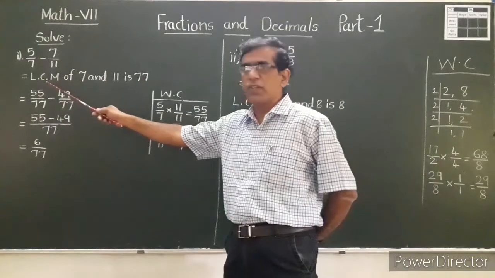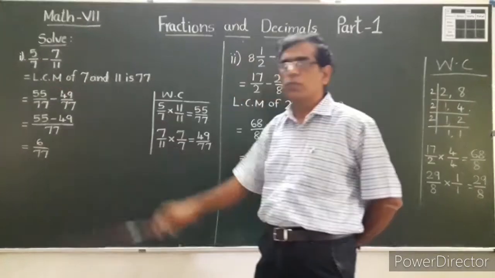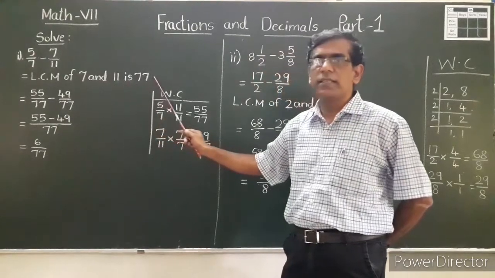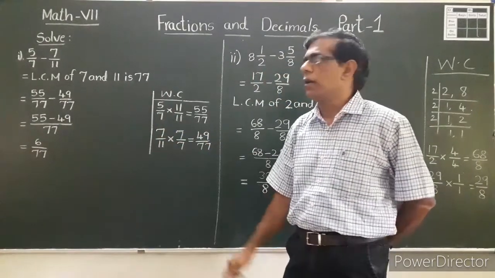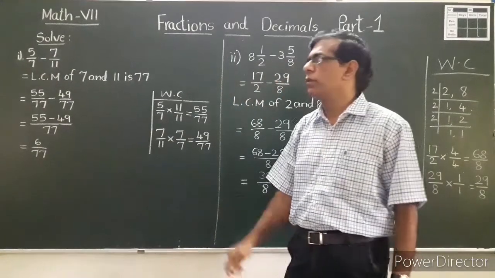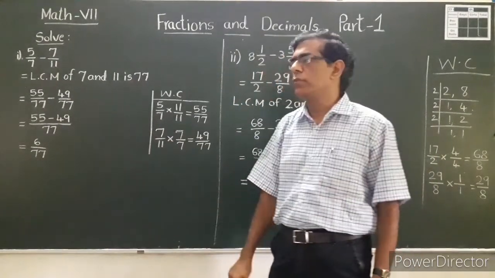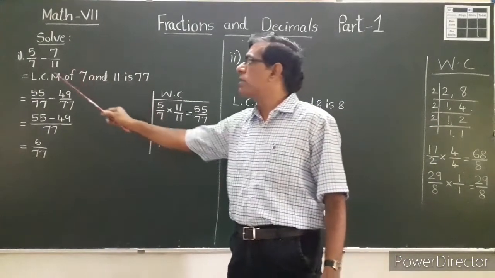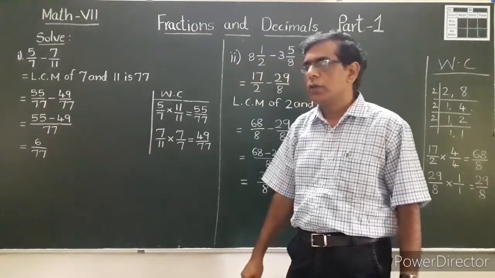Again, in the first step, we take the LCM. So the LCM of 7 and 11 is 77, because both 7 and 11 are prime numbers. So their product is the LCM. 77 is the LCM of 7 and 11.